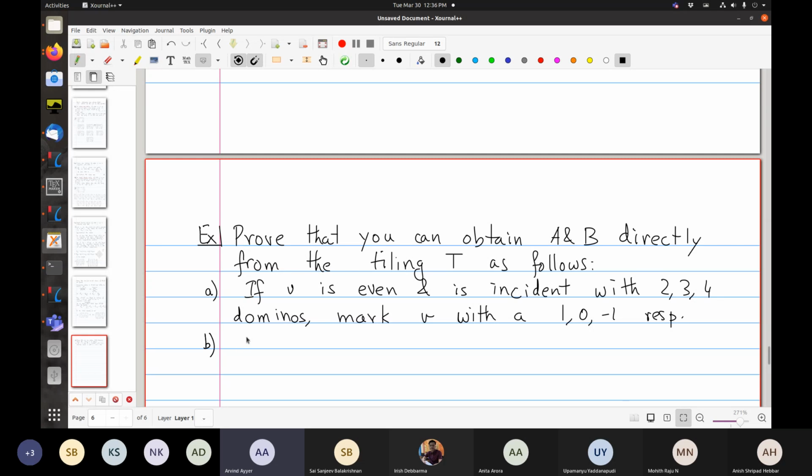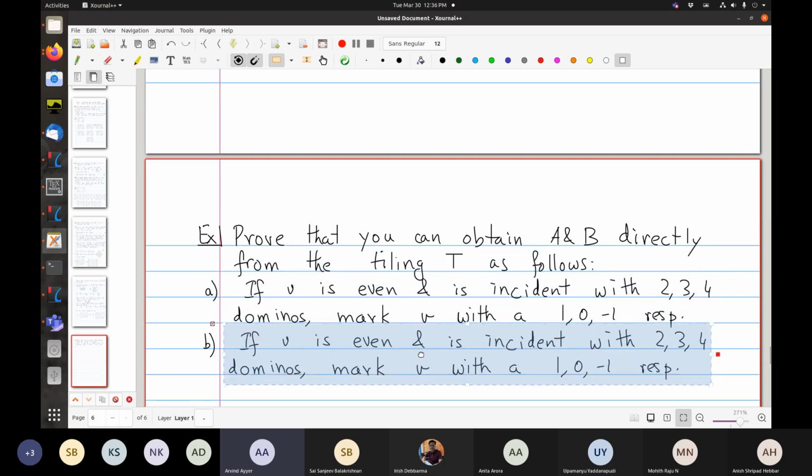And similarly, let me copy paste the whole thing to save myself some effort. If V is odd and is incident with 2, 3, or 4 dominoes, you mark V with -1, 0, 1.